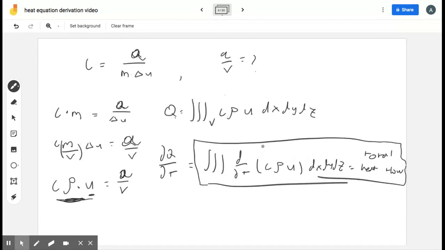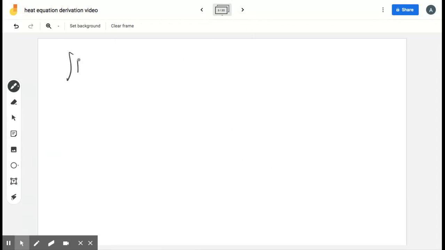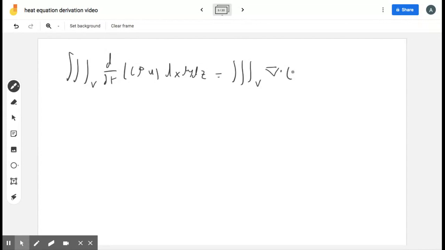And we finally get that the volume integral of the derivative with respect to time of C, specific heat, times density times temperature distribution, dx, dy, dz, is equal to the volume integral of the divergence of the negative thermal conductivity times the gradient of the temperature distribution, dx, dy, dz.